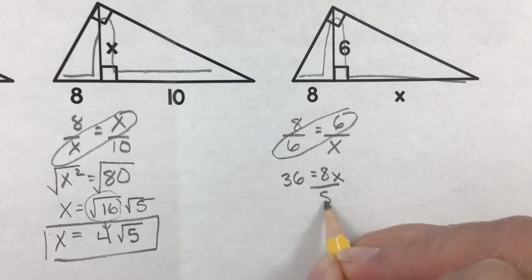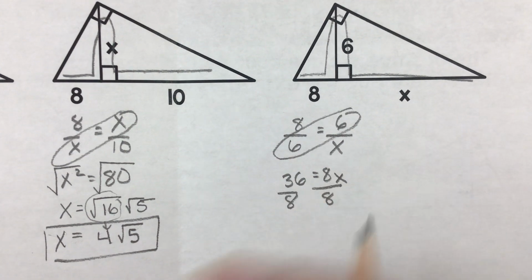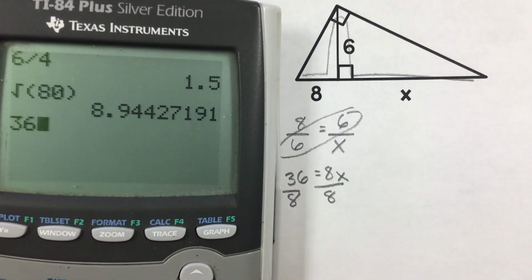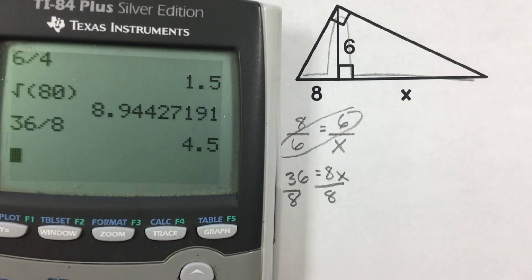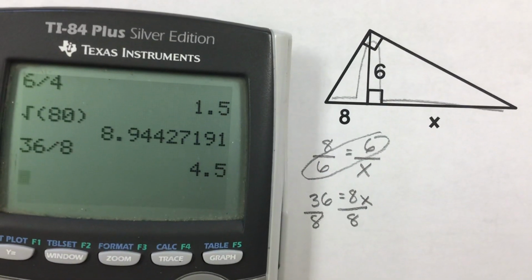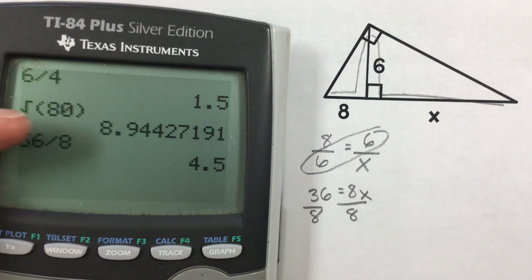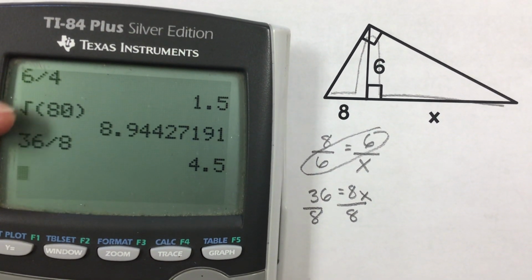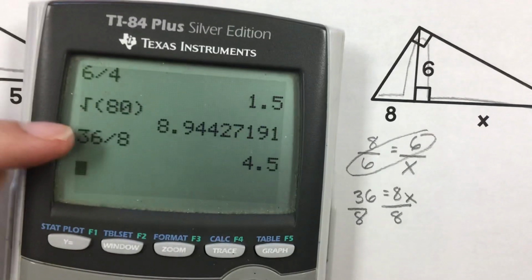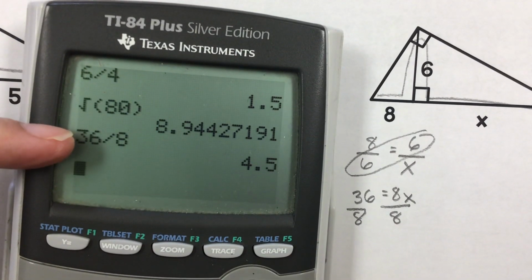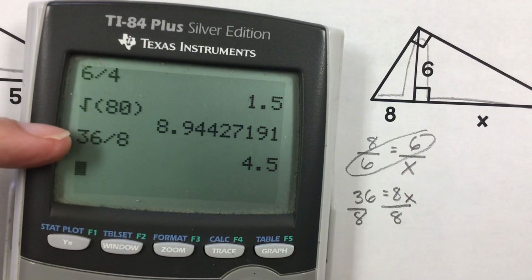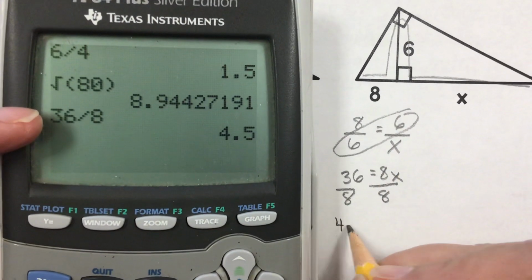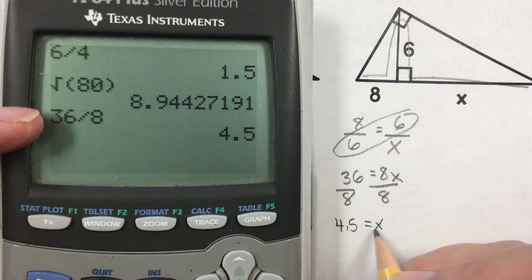You're going to divide by 8 to both sides. 36 divided by 8 is a decimal. So for radicals, we are not going to use decimal approximations. But for our work, we can have decimals. So when it's like this and there was no radical, you can write 4.5 is equal to x.